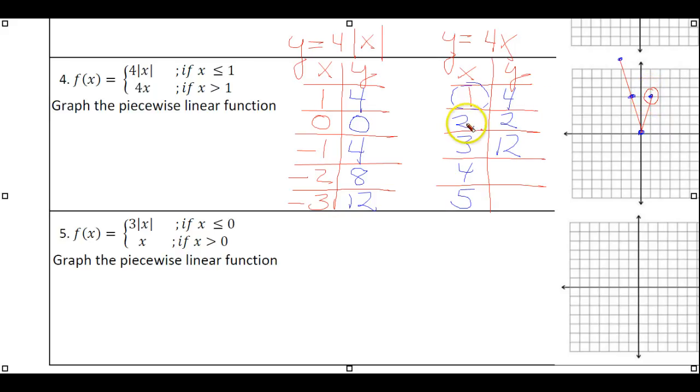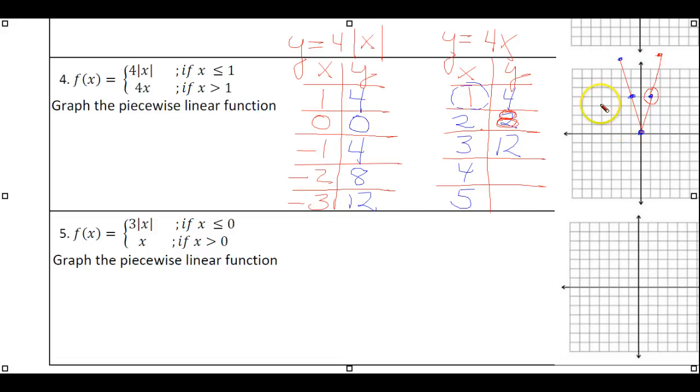And then we get 2. I think did I say an 8 here? I thought I said an 8. I didn't put an 8 though. 2 is 8. So over 2, up 8 is right there. So this graph then looks like so. All right, so we're sort of getting a V.